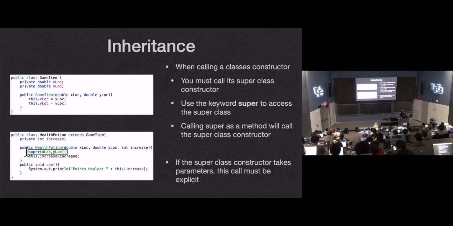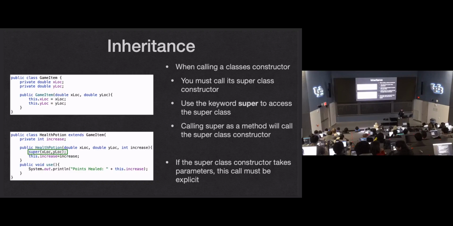But we're not saying new to call the constructor because we're not creating a new object. We're calling two constructors to create a single HealthPotion. The HealthPotion constructor has to call its superclass constructor. So we do that using the keyword super and calling that superclass constructor like that.